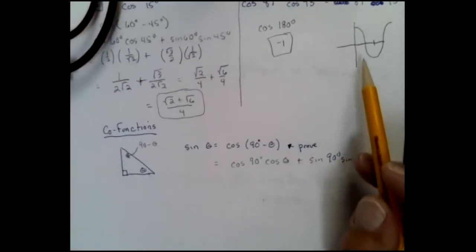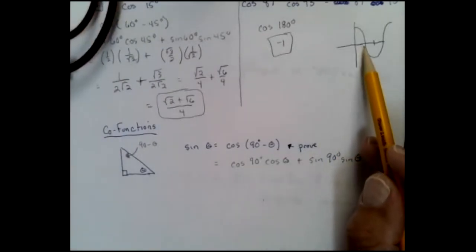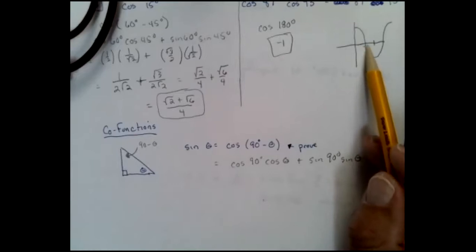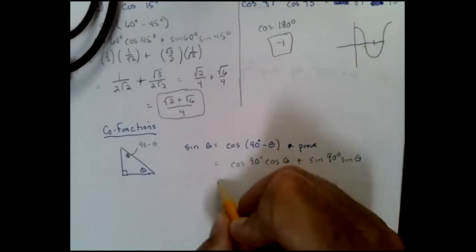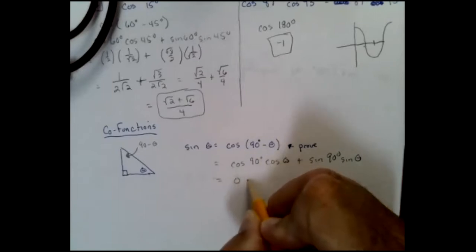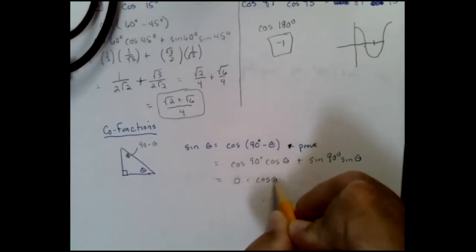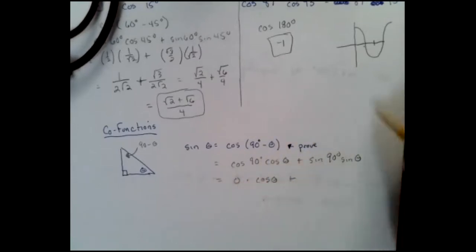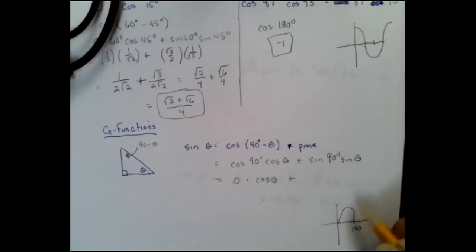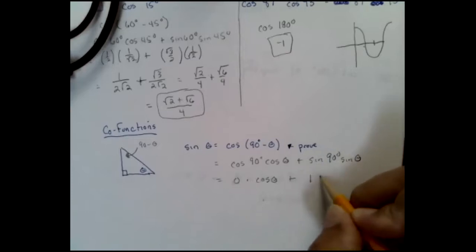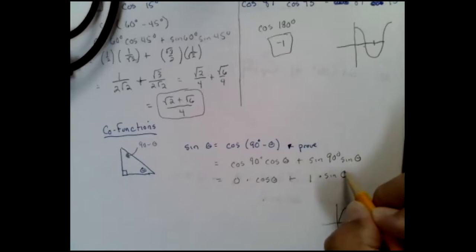If I peek back up here at my cosine graph, here's 90 degrees. So the cosine of 90 degrees is going to be 0 times the cosine of theta plus my sine graph goes up, and there's 180, so this is 90. Oh, that's 1. 1 times the sine of theta.